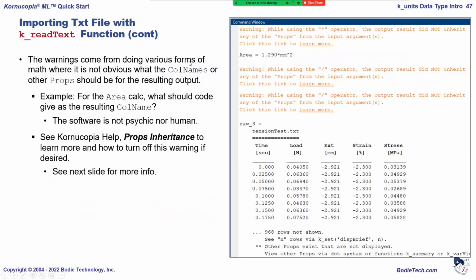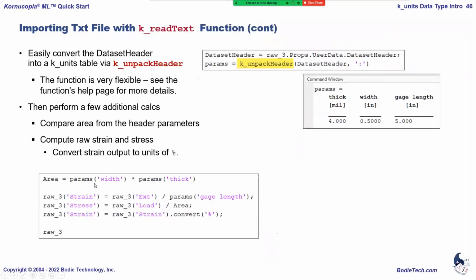What's going on here is, when we computed area, area is the width times the thickness. So when the area is computed, what should Kornucopia do for the name of the resultant column, which happens to have only one row in it?